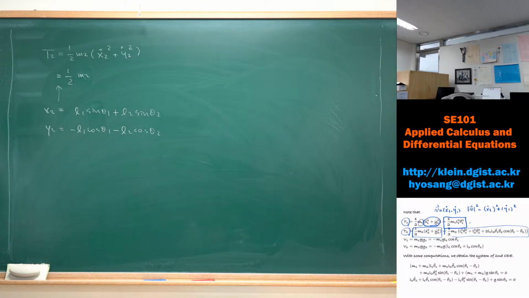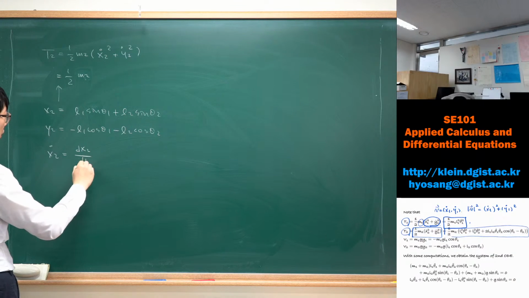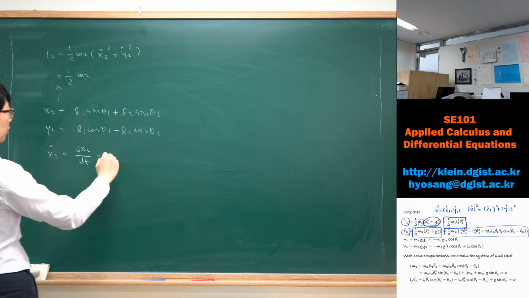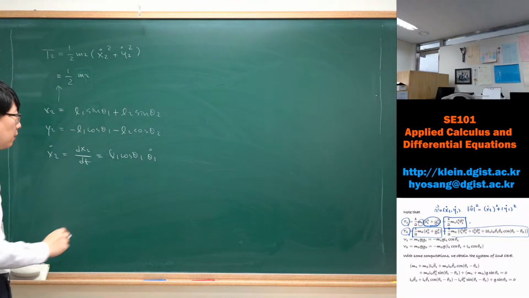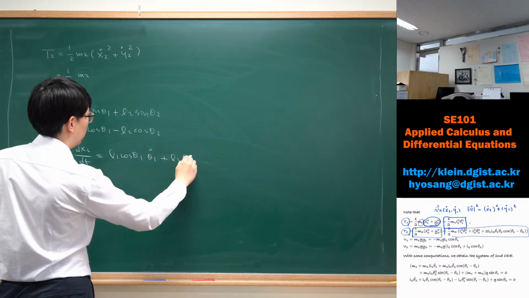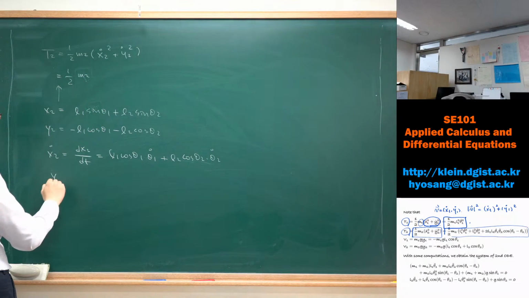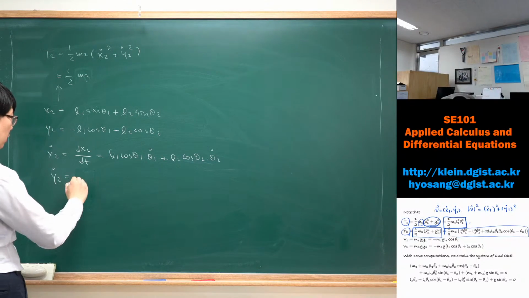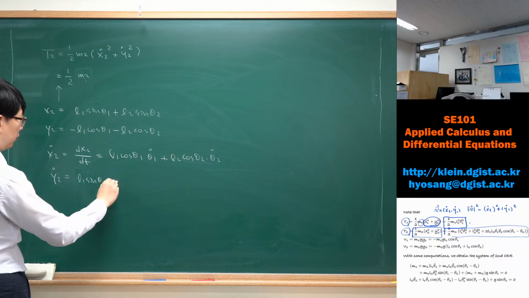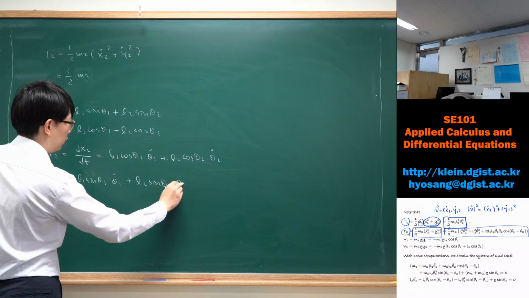So when you take a dot here, you're taking a derivative in terms of t. So x2 dot, which is dx2 dt, is L1 cosine theta 1 dot plus L2 cosine theta 2 dot, and y2 dot is L1 sine theta 1 dot plus L2 sine theta 2 dot.